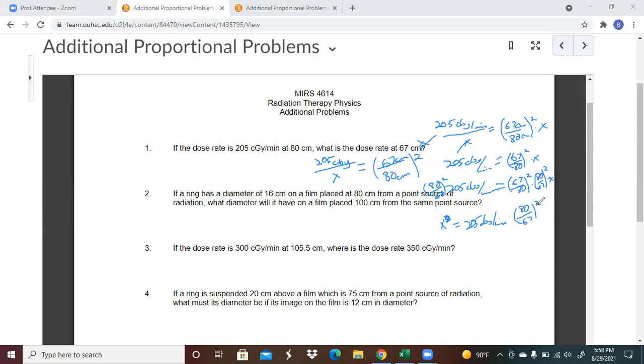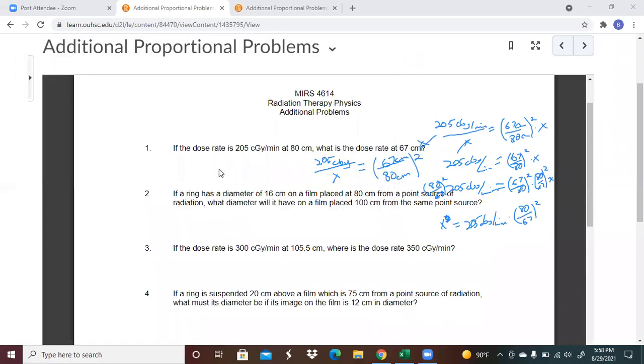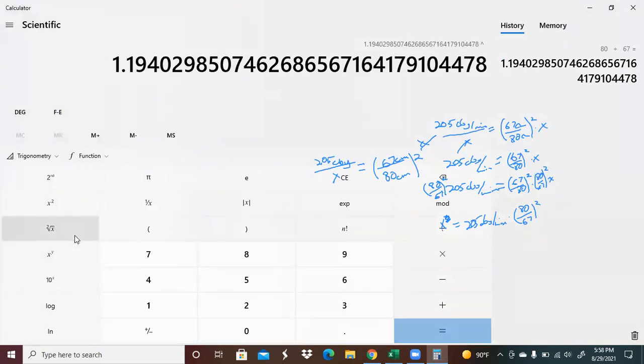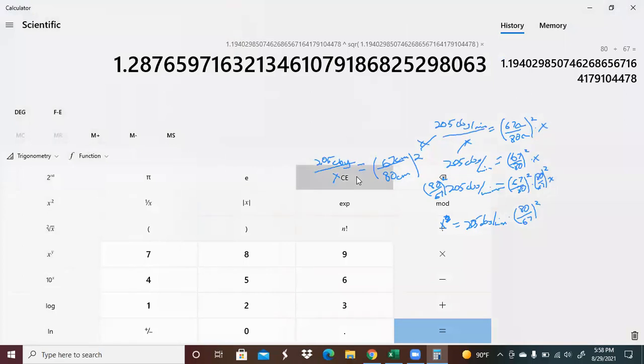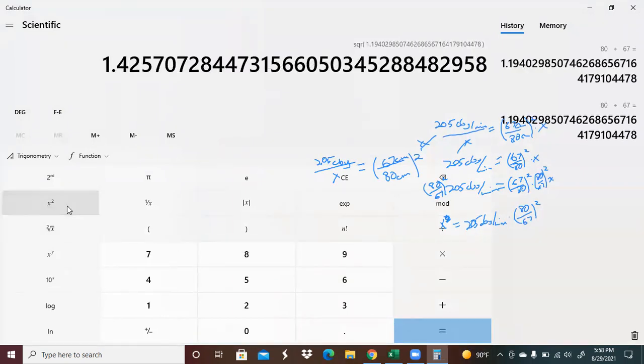So if we go through and do the calculator, I should just square that. There we go. Let's try this again: 80 divided by 67 squared, times 205.